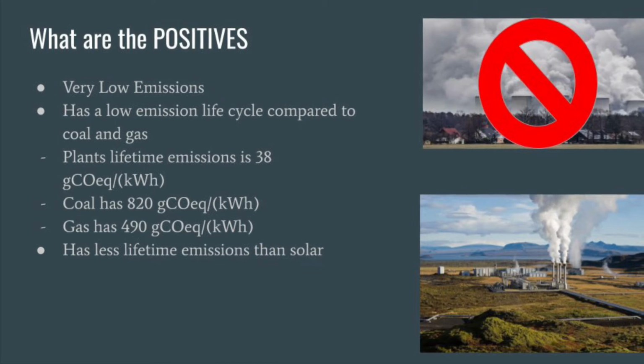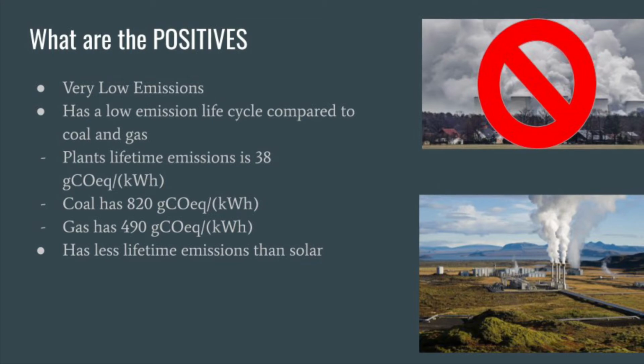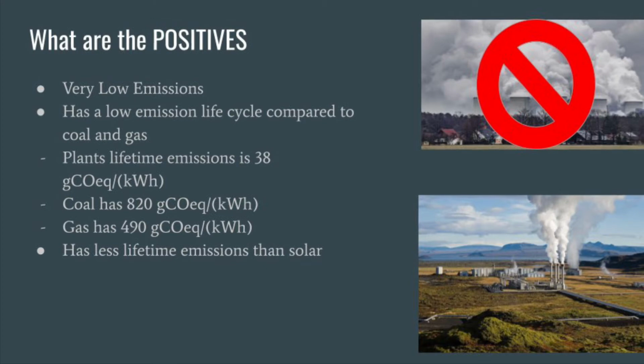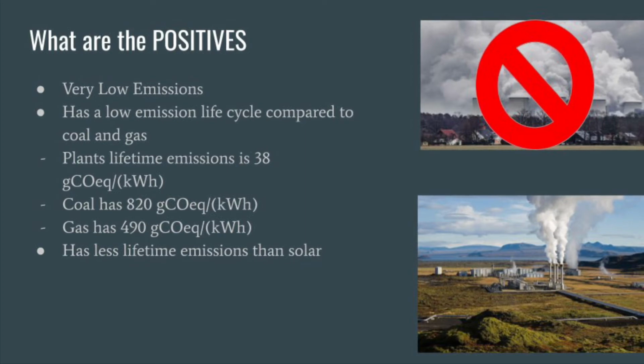Geothermal energy also has a shorter emission cycle than coal and gas, which creates, as said before, much less emissions, due to the geothermal plants only creating about 38 grams of CO2 equivalent, while coal and gas plants make about 820 grams and 490 grams respectively.